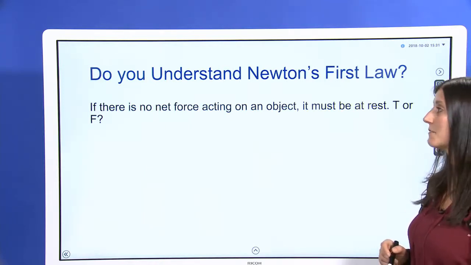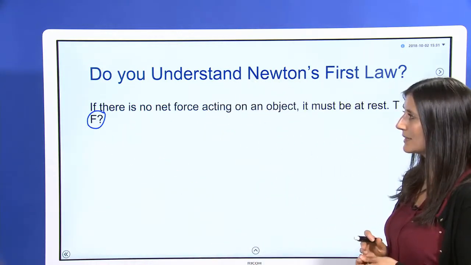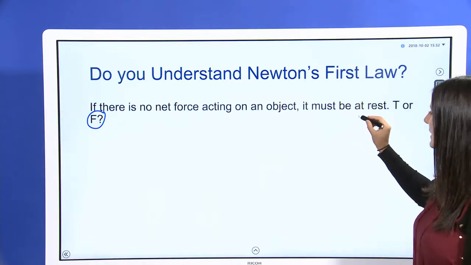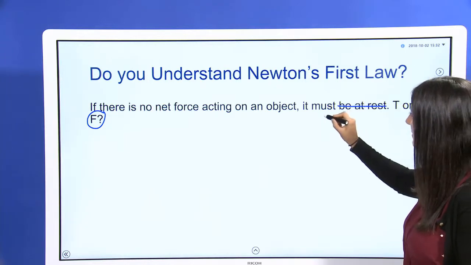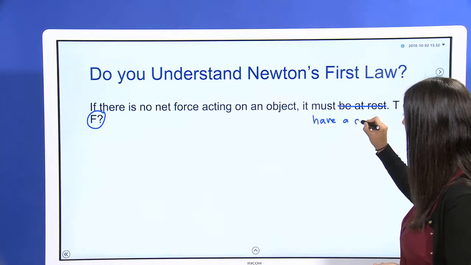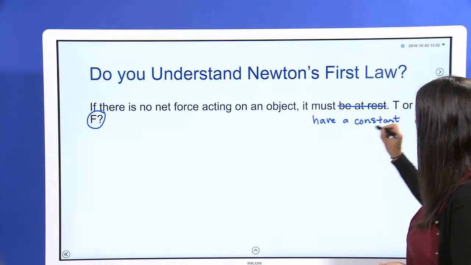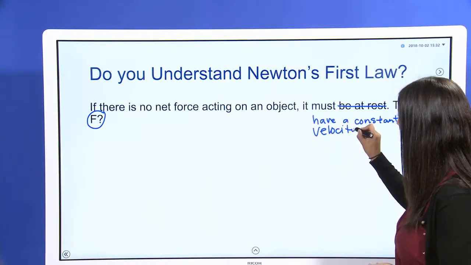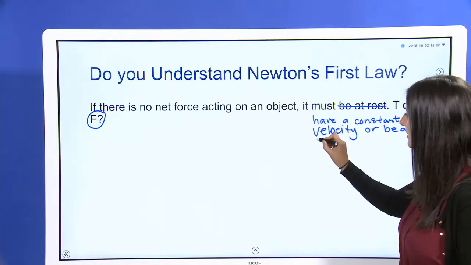Okay, so that one is false. Let's correct the statement. If there is no net force acting on an object, it must have a constant velocity or be at rest.